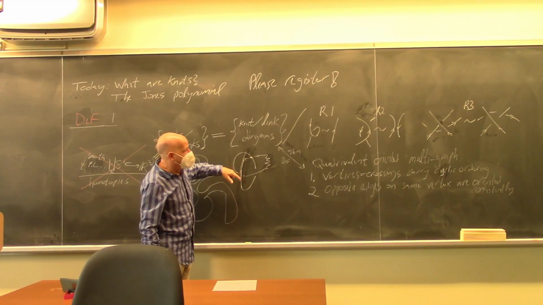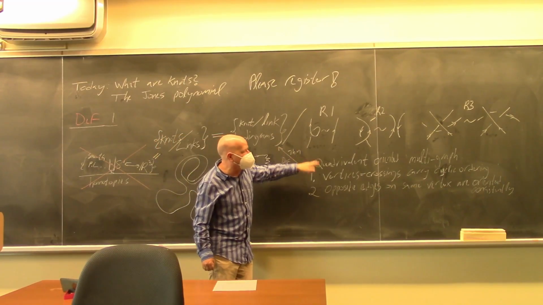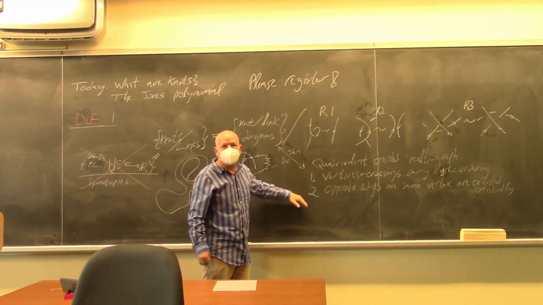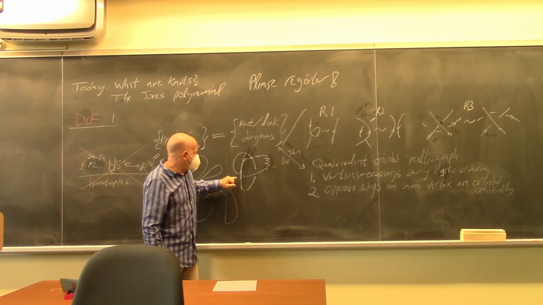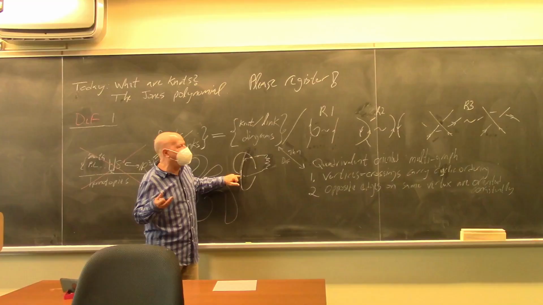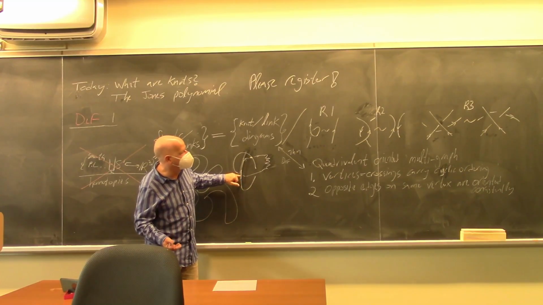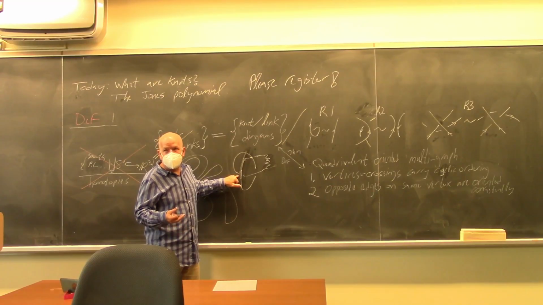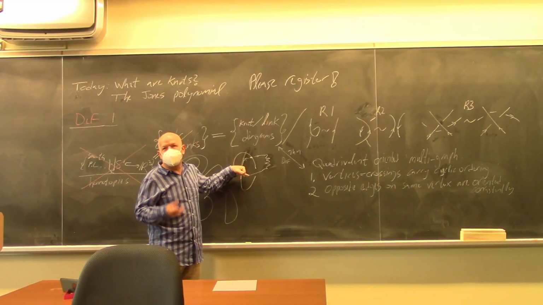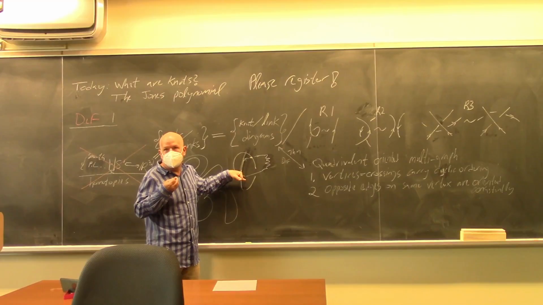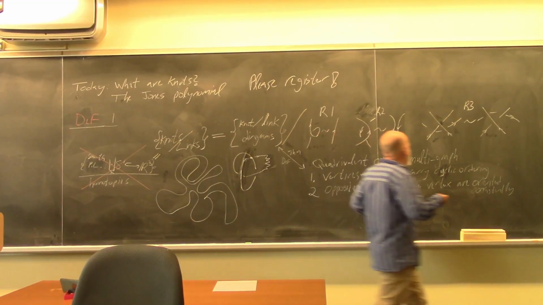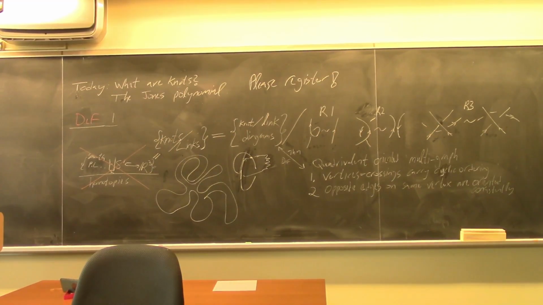So therefore, it's not just a quadrivalent oriented multigraph with these properties, but it's a labeled quadrivalent oriented multigraph, where the labeling is which pair is above which other pair. Okay? So there is a further annotation.